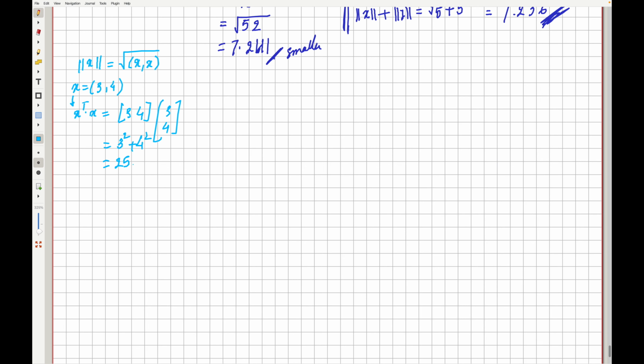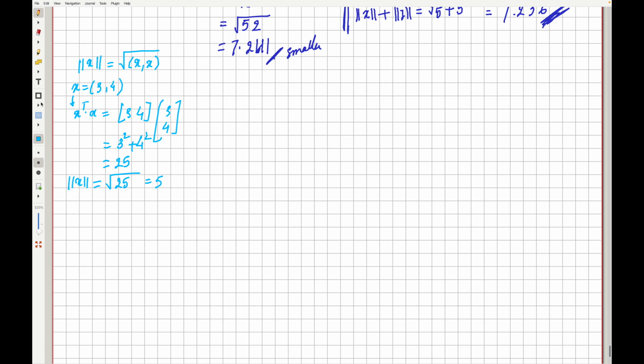This is the dot product, and for the norm we put it inside the square root, so the square root of 25 is equal to 5.